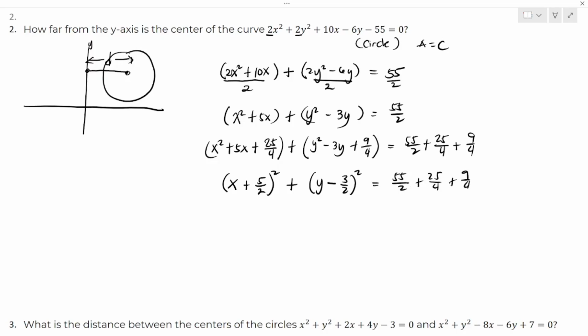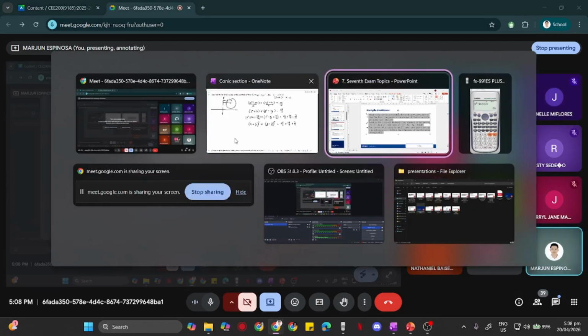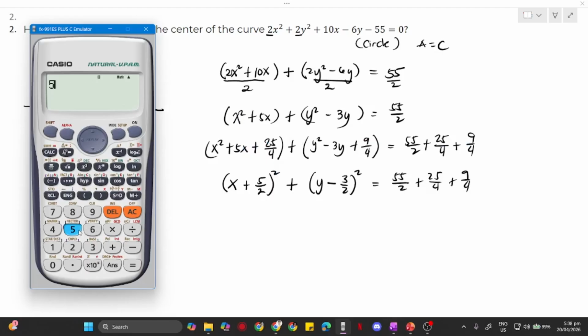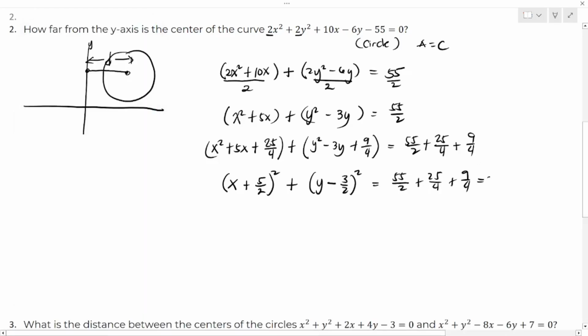You just need to add this one. So, if we will be adding that using our calculator, that is 55 over 2 plus 25 over 4 plus 9 over 4, and that would be 36. So, this one is 36.